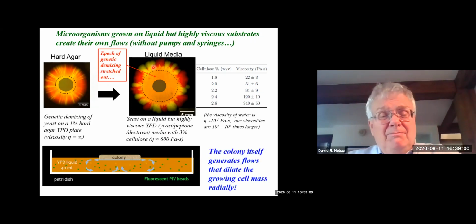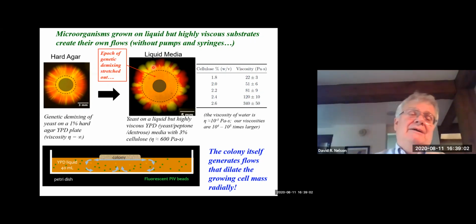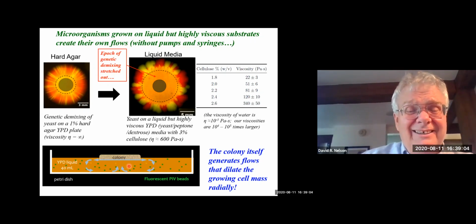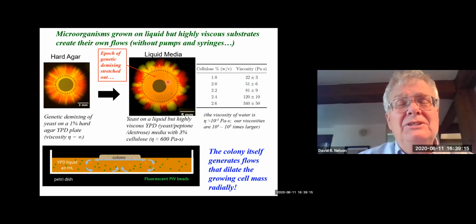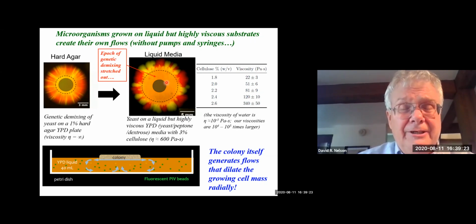And the take-home message, which I'll go through in detail, is shown down here schematically. When this sort of thing was happening on liquid media, the yeast sit at the interface of the nutrient broth and air over the entire time course of the experiment.